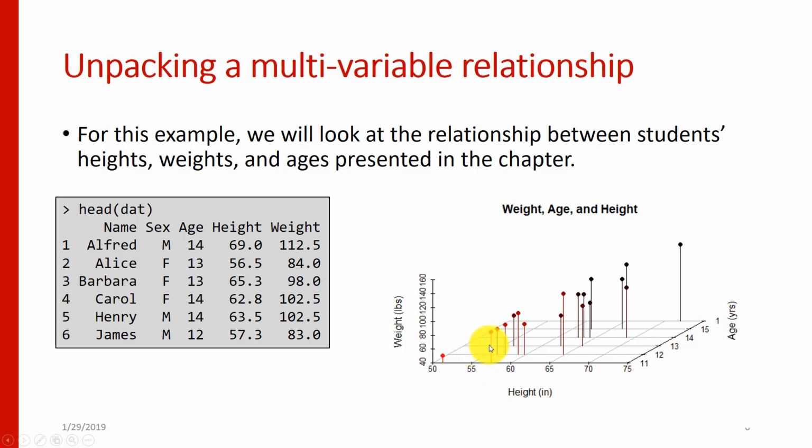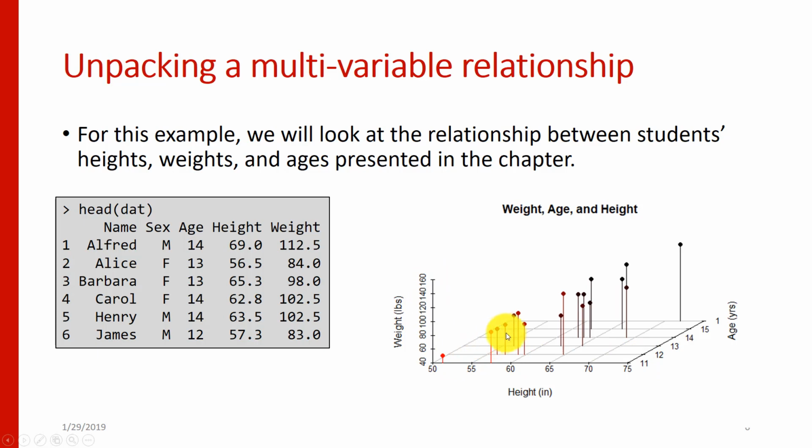And so these dots are color-coded based on age, right? They're red if they are younger, and they fade into black if they are from older students. And then as we look from left to right, we can see students getting taller, right, as we go across the x-axis, and there seems to be a positive relationship with weight here, confirming our suspicions.